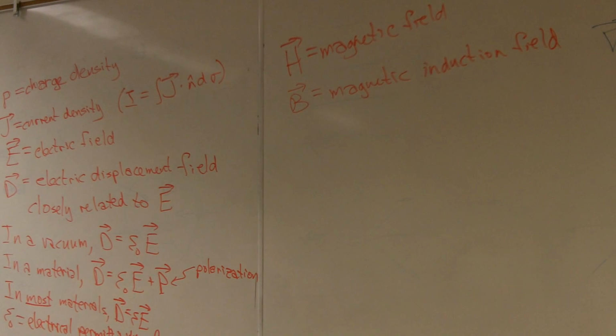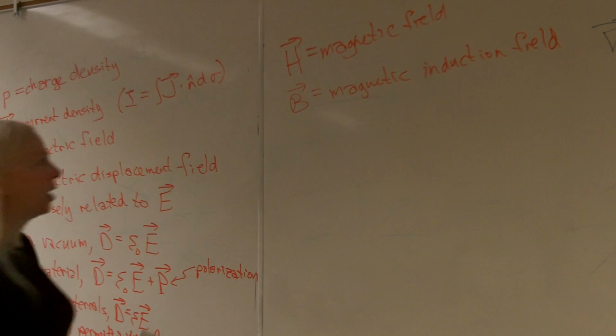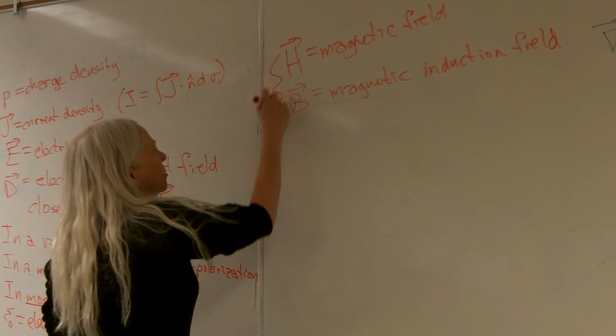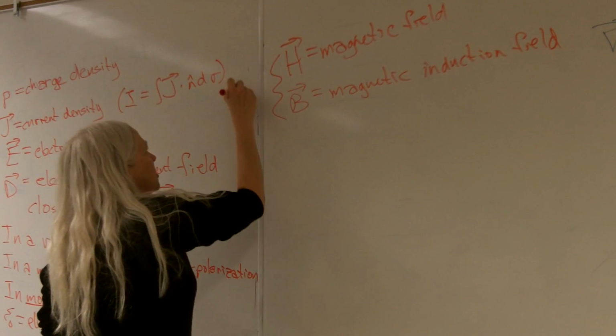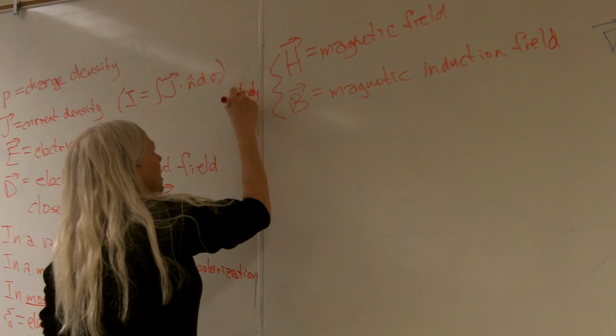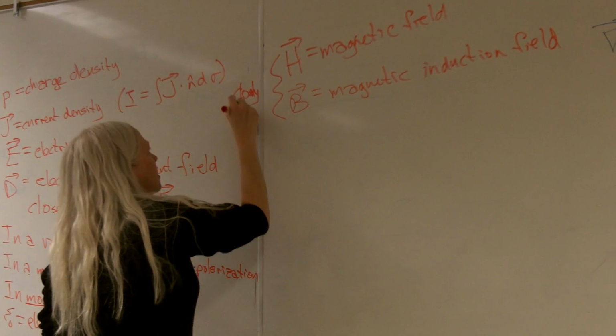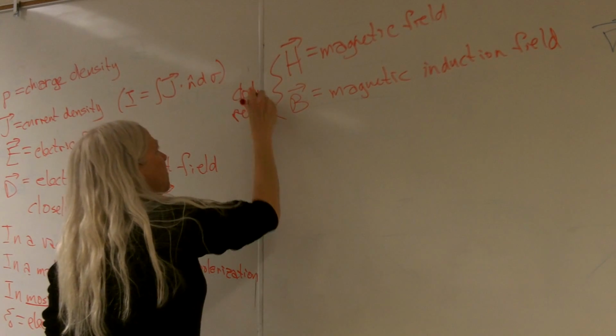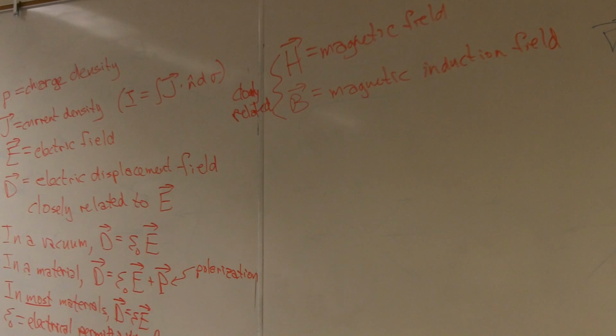What I would suggest is that if you really want to distinguish between the two, say B field or H field, right? Use the letter to distinguish which one you're talking about. But anyway, these two are closely related, just like the E field and the D field were.